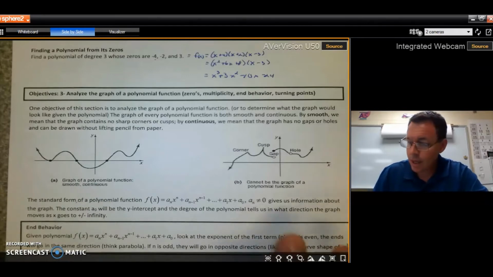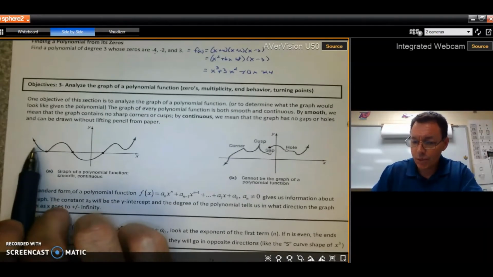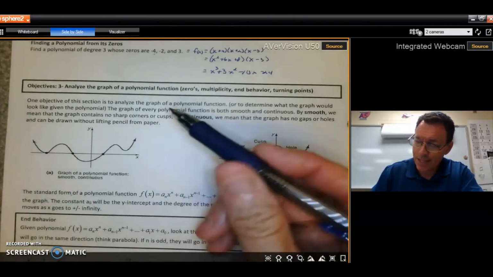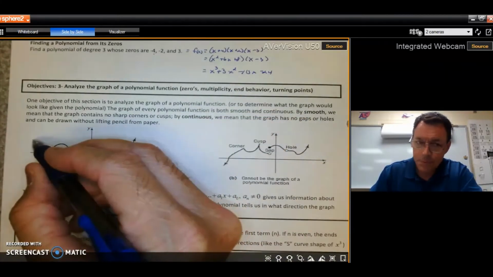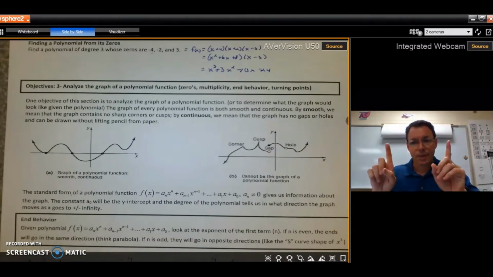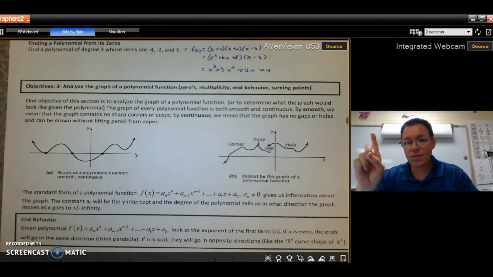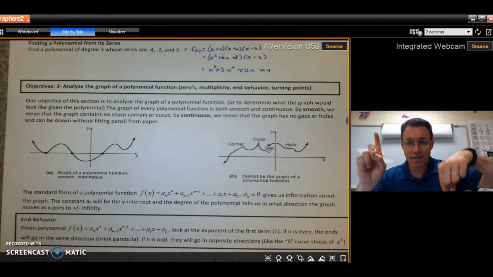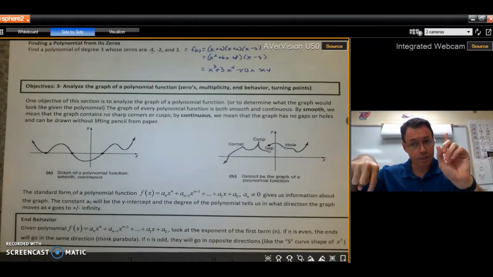Now, if you look at this polynomial function, the ends of it go up and up. And there are pretty much 4 things that can happen. They can go up and up. They could go down and down. They could go up towards infinity in one direction and towards negative infinity in the other, or that could get switched.